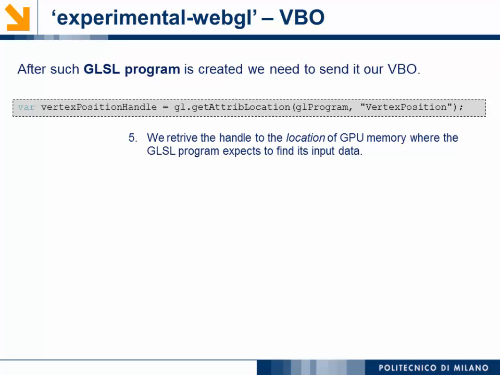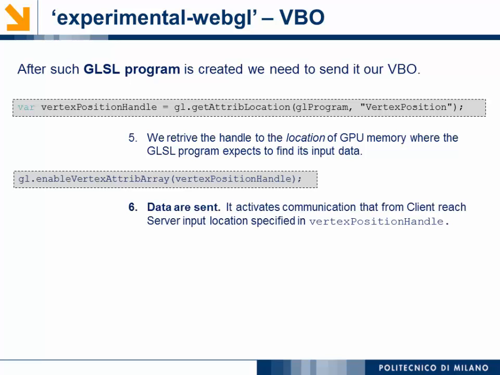The GLSL program must be written, compiled, and then we have to get information from the compiled program. So first of all, we retrieve the pointer, the handle, to the location on the GPU memory where we have put the input data.